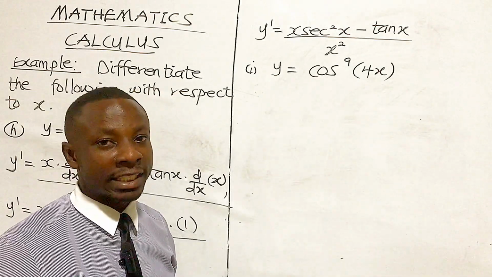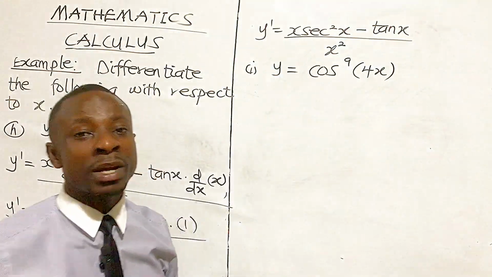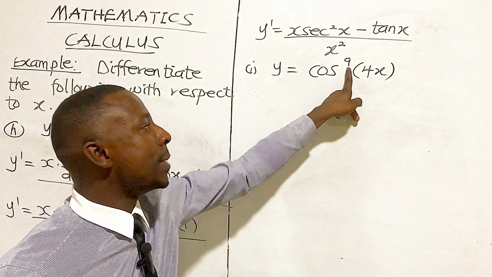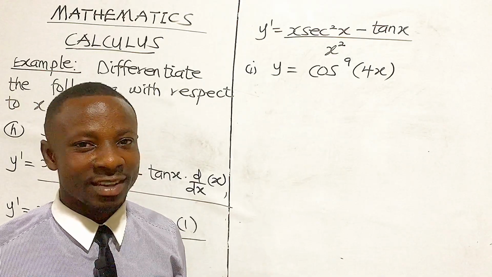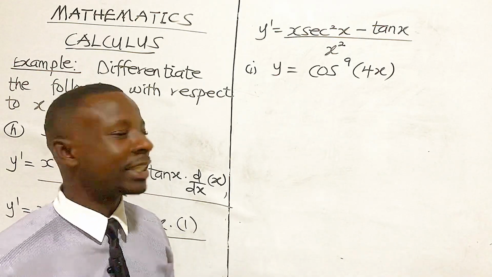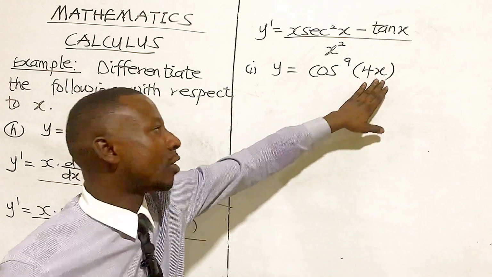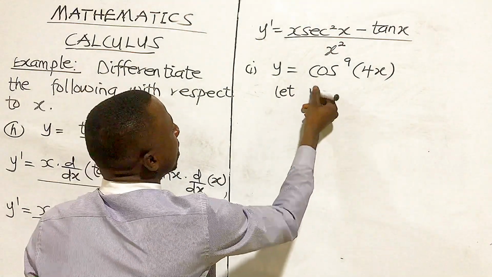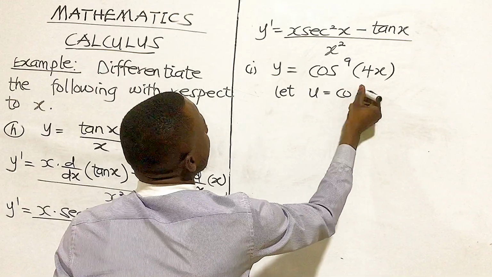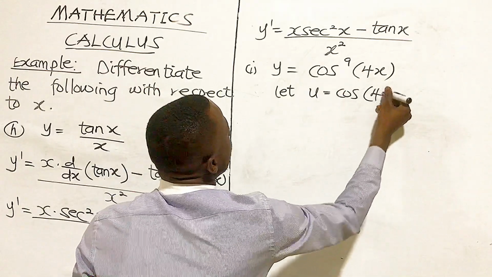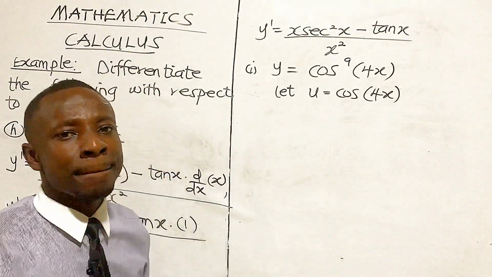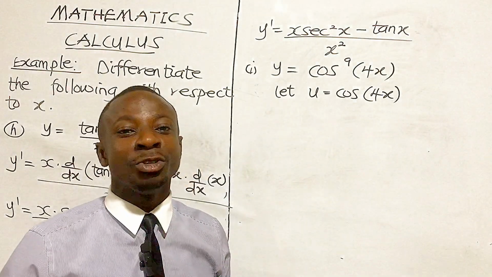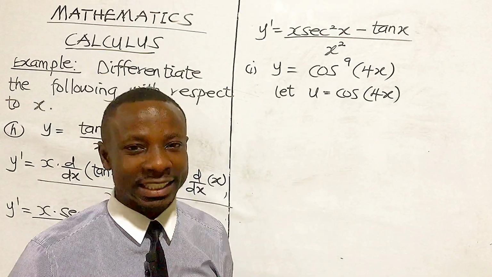Before we can differentiate this, because it is carrying an exponent, there is a need for us to make substitution. So we are going to use any variable of our choice to substitute cos of the function. So we are going to let any variable, let's say u, be equal to cos of the whole function for x. After making substitution, we are going to differentiate u with respect to x.